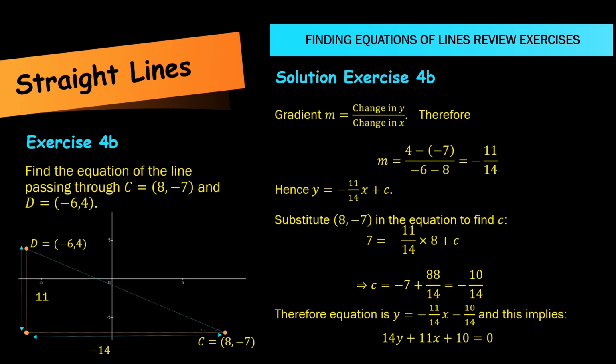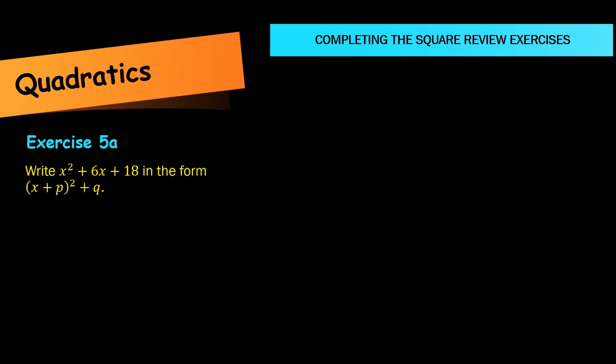And now for exercise 5a. We are required to write x squared plus 6x plus 18 in the form x plus p all squared plus q.